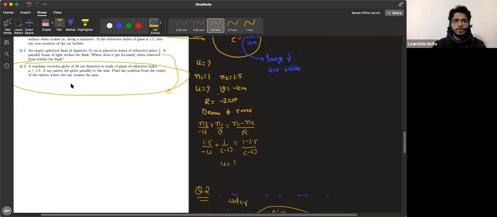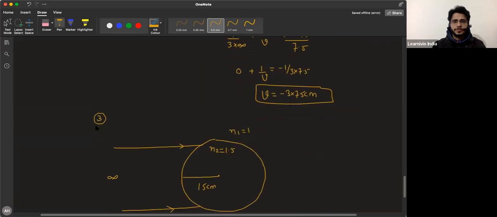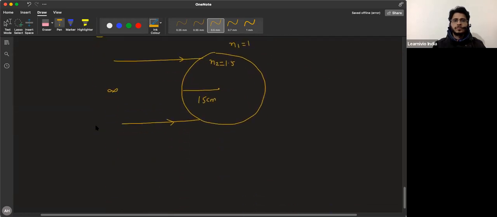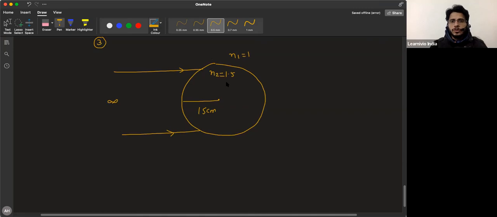Find the position from the center of the sphere where the ray crosses the axis. So you need the image distance. So for the first surface, this is pole. N1 is 1, N2 is this, object distance is infinity. You need to find the image distance.